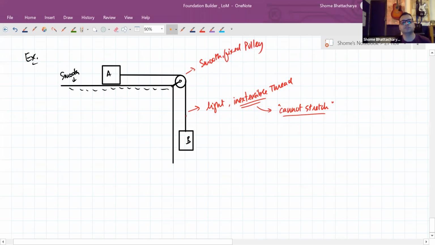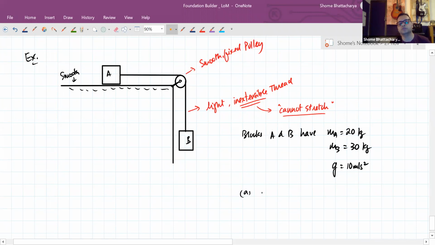So that means the surface of the pulley is smooth. And blocks A and B have masses, let's say 20 kg and 30 kg respectively, and take g as 10 meters per second square.